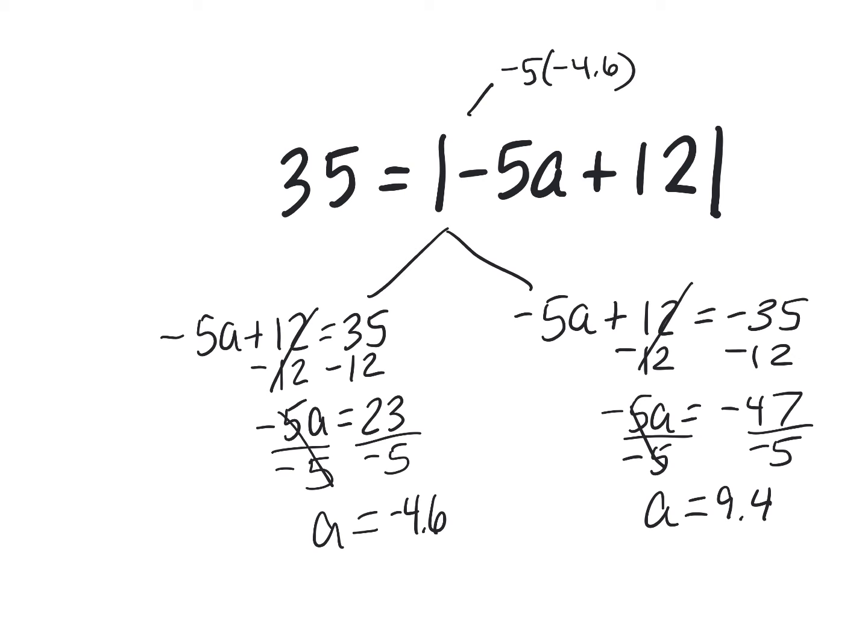A negative times a negative is a positive, so I end up with 23 plus 12, which gives me my 35. So always do that check, and you know the absolute value of 35 is 35. Same with your 9.4. Let's go on to the next one.